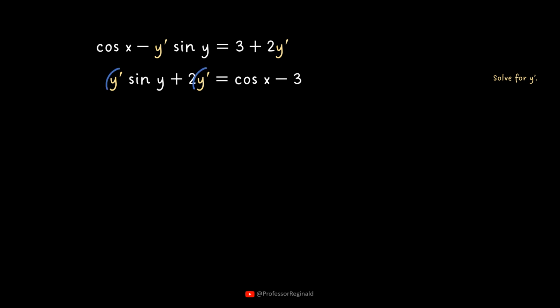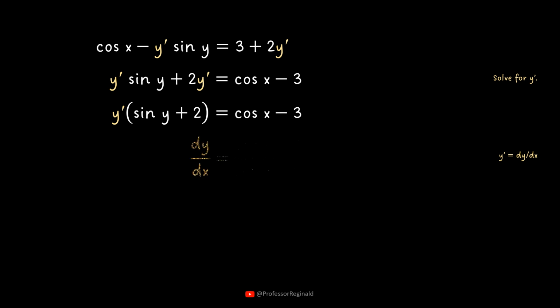Factor out y prime. And then divide both sides by the factor beside y prime. Hence, dy dx equals quantity the cosine of x minus 3 all over quantity the sine of y plus 2.